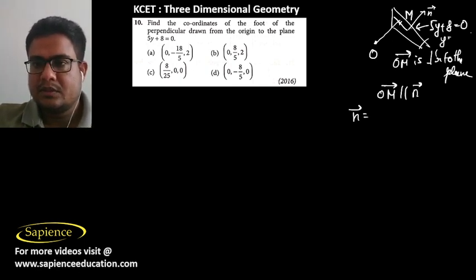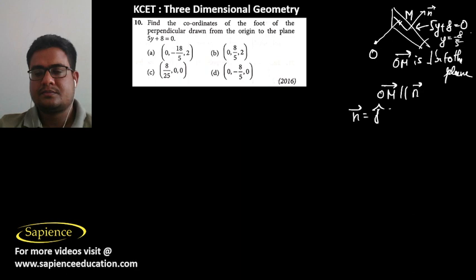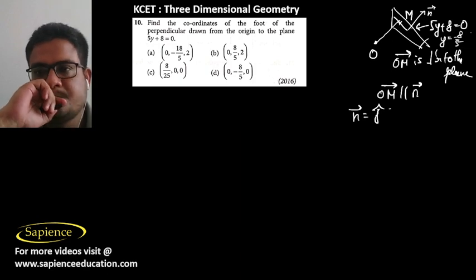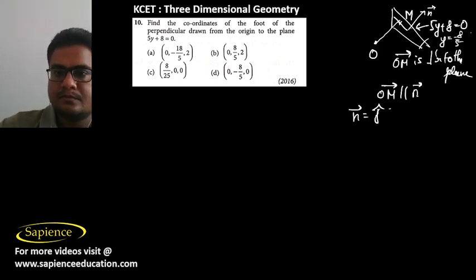and here you can write y is equal to minus 8 by 5. So this is simply j cap.